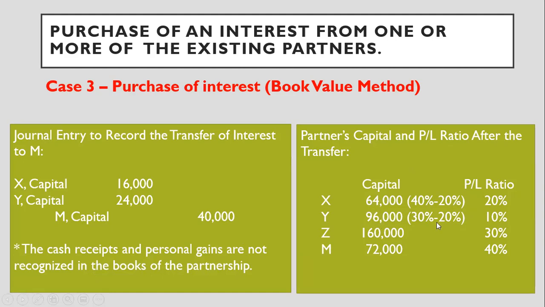As to its P&L ratio, we directly deduct the 20% from the 40% of each of the partners selling their interest, X and Y. So since X has 40% original P&L ratio, minus 20, it has now a remaining 20% P&L ratio, and then Y, it's 30% minus 20%, a remaining P&L ratio of 10%. Then 40% will be transferred to M. So a total of 100%.